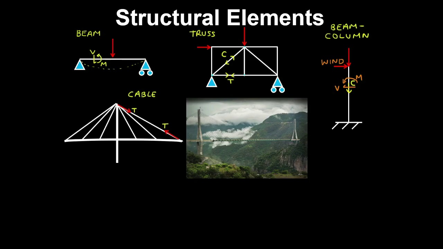And here are examples of columns. So this huge tower in a cable-stayed bridge, and here you have cables which are tension members, and you have a beam here resisting transverse loads that may be applied from a vehicle.